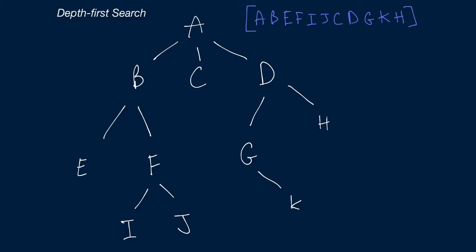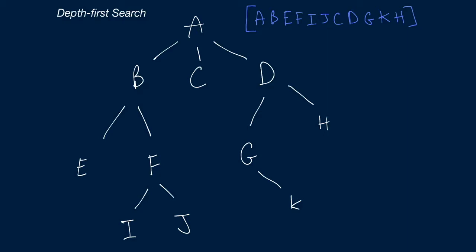And that next branch, we're going to explore it all the way down, as deep as we can, before exploring the next branch. This is opposed to breadth-first search, where we explore level by level. So here we're going to go in this leftmost branch first. Then we're going to go in this inner leftmost branch, then this inner rightmost branch, and so on and so forth.